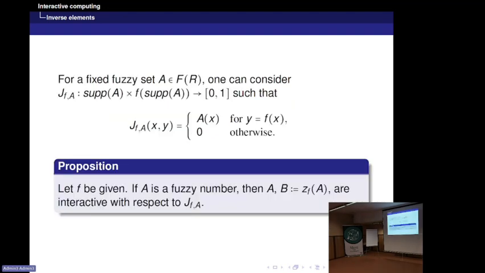And when we take a fuzzy set A, we can define a joint possibility distribution which is induced by the fuzzy set A. When we take a fuzzy number and a map of that fuzzy number, then we can show that with respect to this joint possibility distribution, we have interactive fuzzy numbers. This means that we can use this sup-J extension principle.